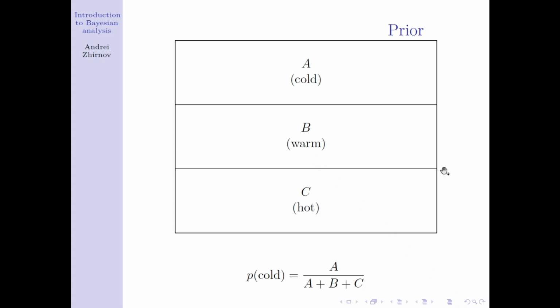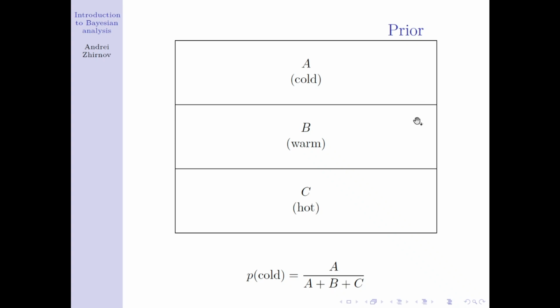The intermediate stripe will correspond to the event that it is warm outside. And the bottom stripe will correspond to the event that it is hot outside. The share of the area of each stripe in the total area of this big rectangle is the prior probability associated with that parameter. Because we want to be agnostic about the weather outside, we set the priors to be the same, and so the shares of these stripes are the same on this picture.